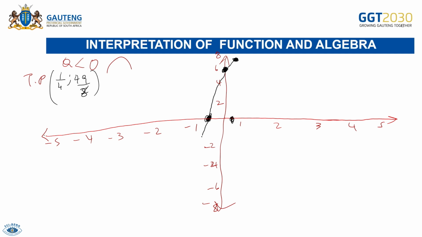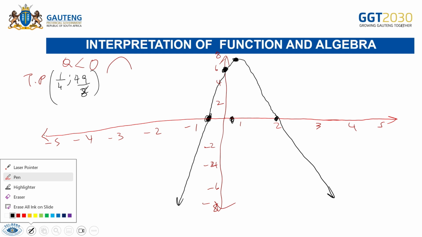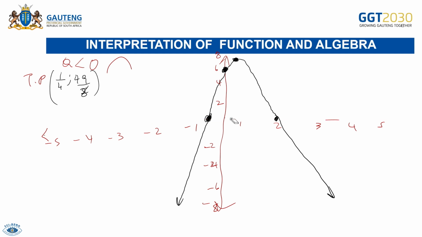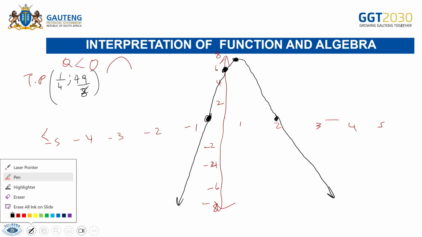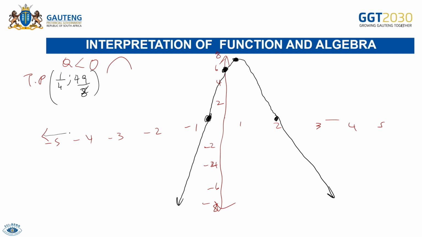So it was like this, and it was like this. Yes, that's my parabola. You just connect the dots, ne? So make sure your Cartesian plane is correct, ne?